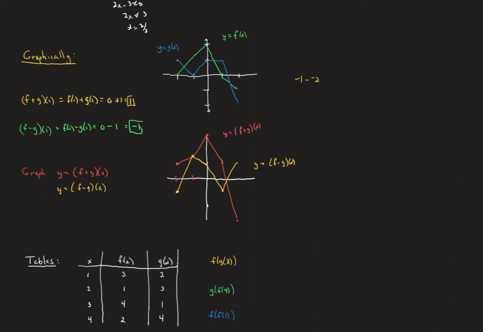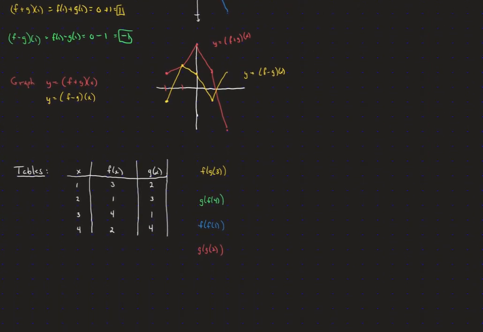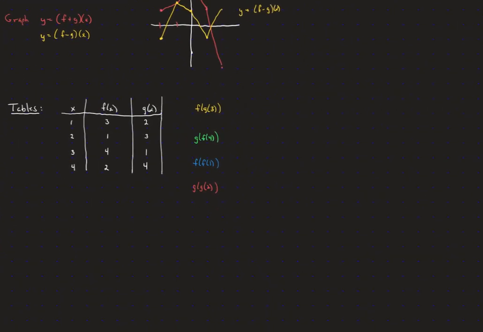Okay, let's look at our table. So here we have our table, and we can see for selected values, we have the values of f and the values of g. And this is now composition, so f of g of 3. So g of 3 means we're going to plug 3 into g, and that looks like it's going to be 1.